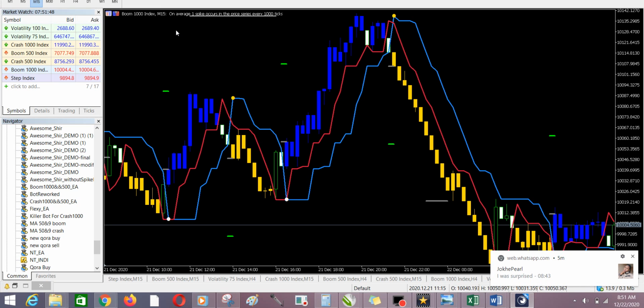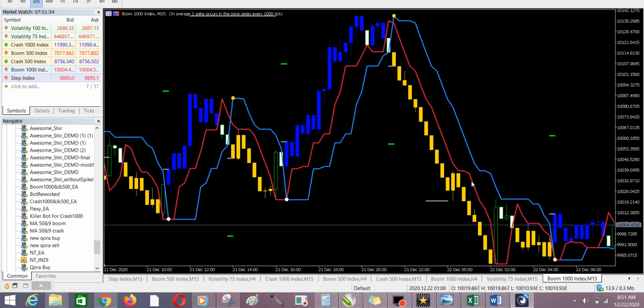But there are some indicators that can help you to achieve this easily. One of them is what I have shown you earlier on, the boom and crash crusher indicator, then the signal indicator. But another indicator is the NT indicator.